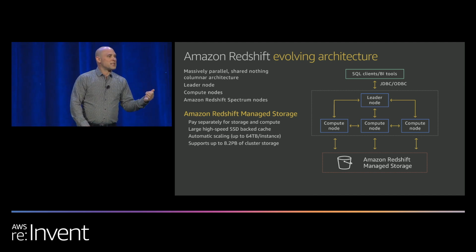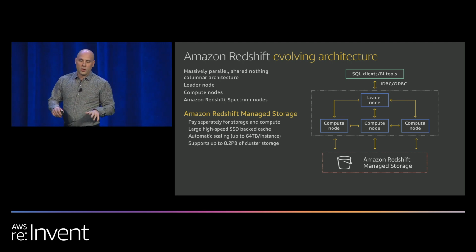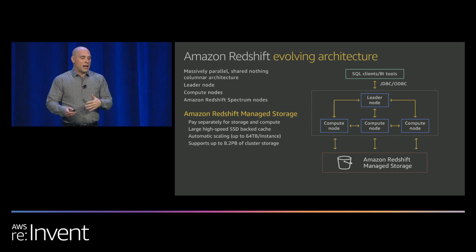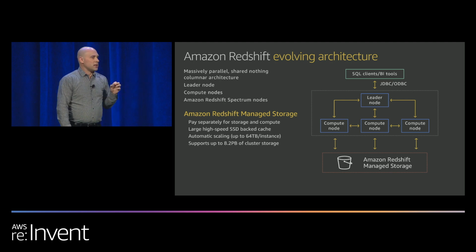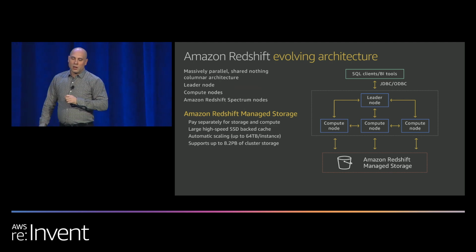Each compute node can scale its storage up to 64 terabytes, and it's completely taken care of for you. It's a mixture of SSDs and S3, and Redshift just moves the blocks, at the block level, back and forth between whatever makes sense based on your query patterns. This is how Redshift can now scale over 8 petabytes of raw storage.